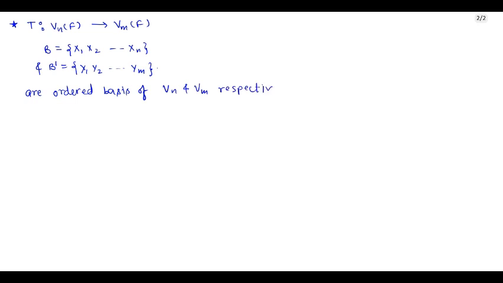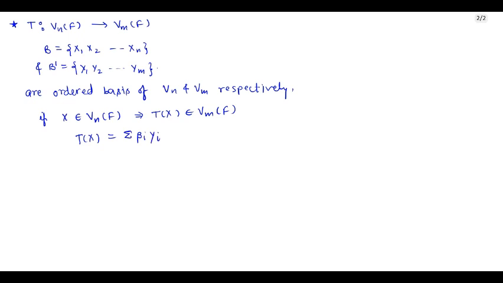If we fix the bases, and some x belongs to Vn over F, this implies that Tx must be in Vm over F. Now we define the image of x as a linear combination of the form beta i yi.